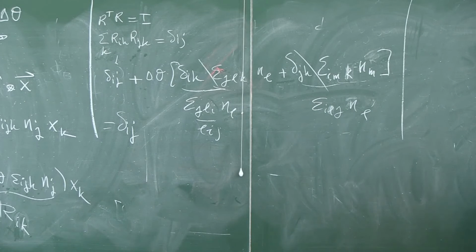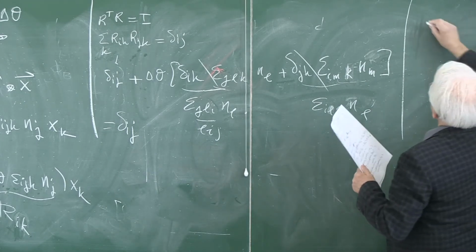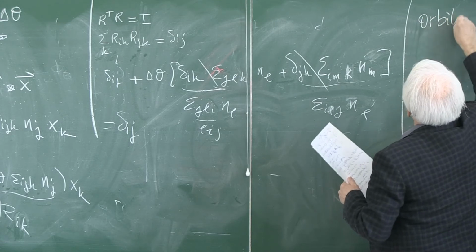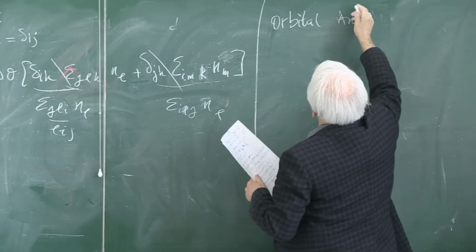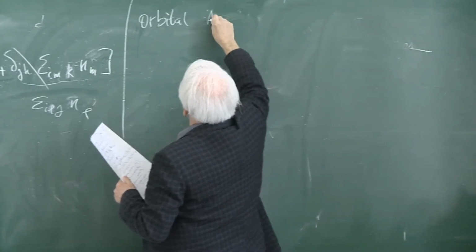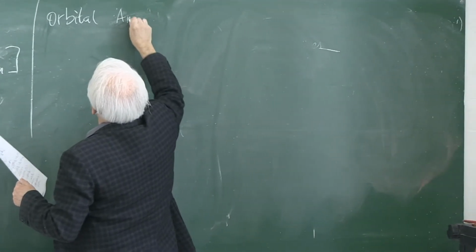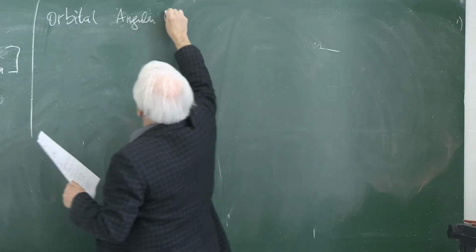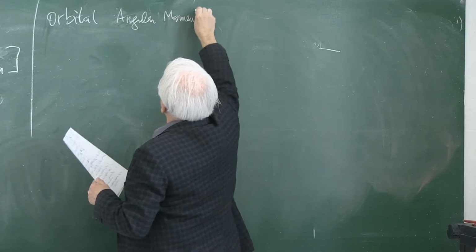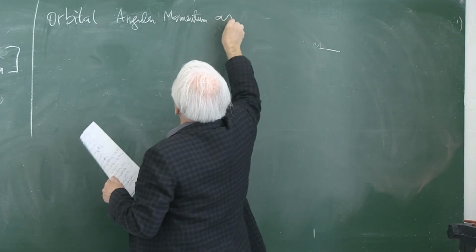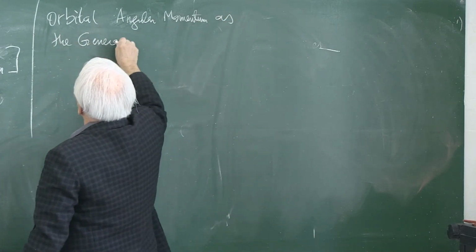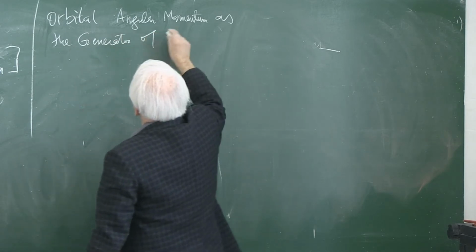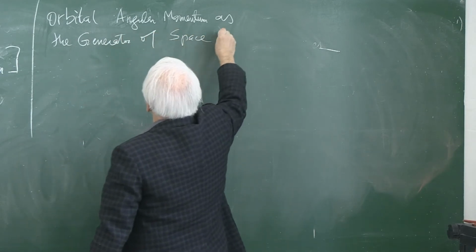Then we can abstract, go to the abstract space and generalize it. So the next is orbital angular momentum. Using the correspondence principle, we will carry over from the classical region orbital angular momentum as the generator of space rotations.